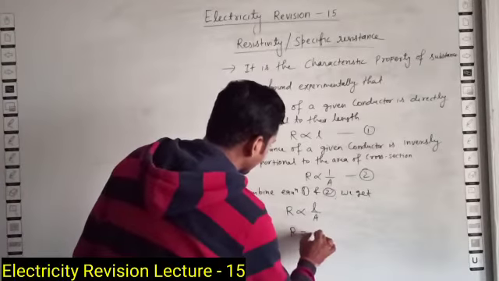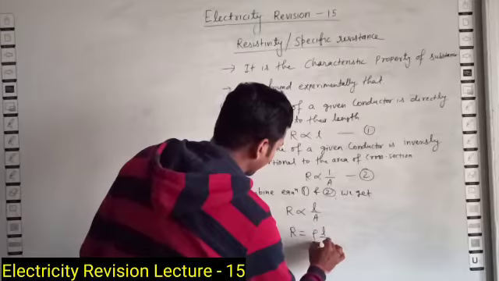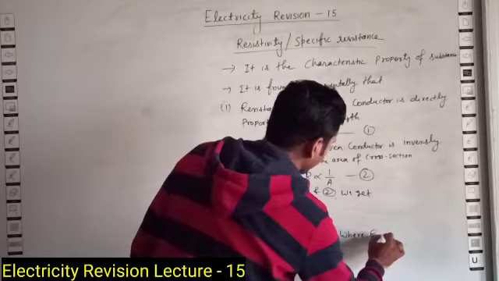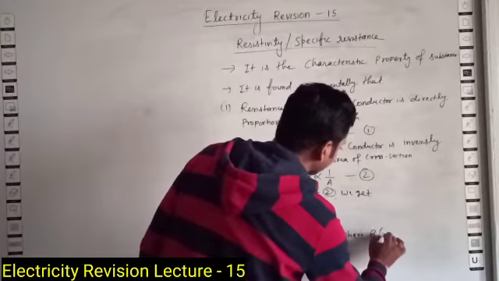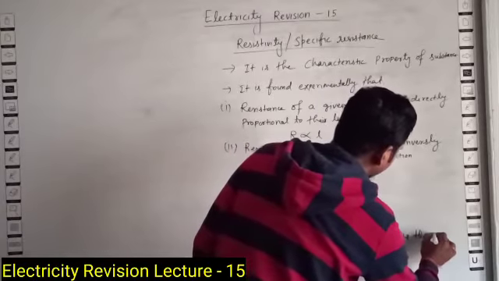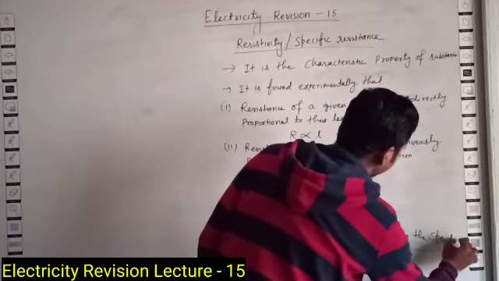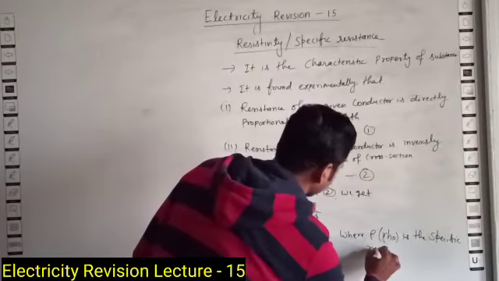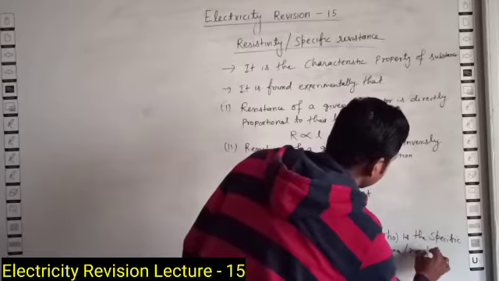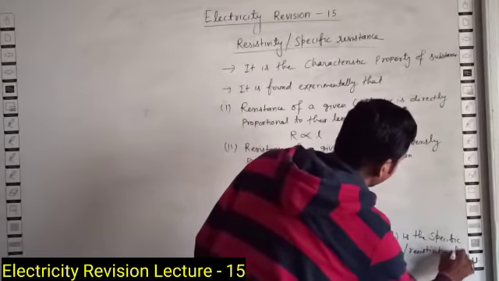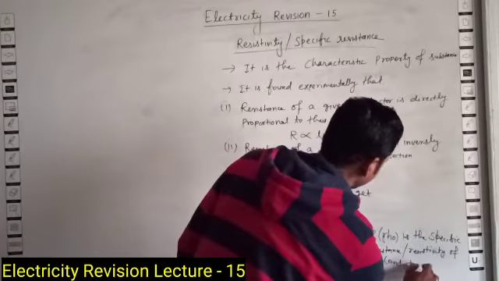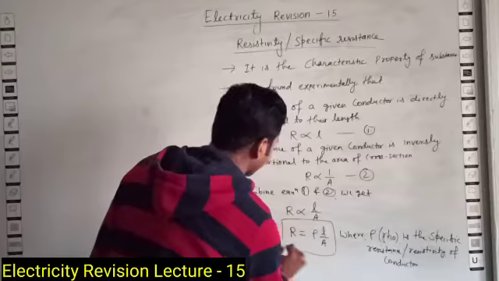So R is equal to rho L upon A, where rho is the specific resistance or resistivity of the conductor.